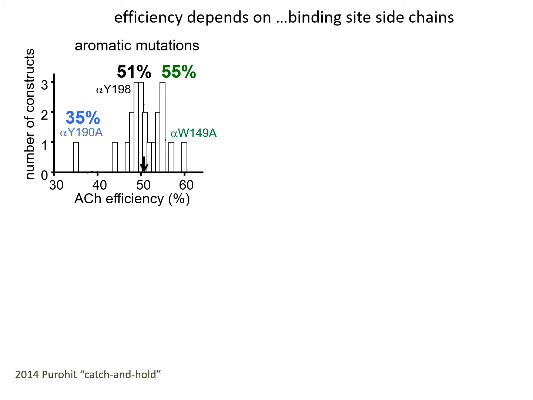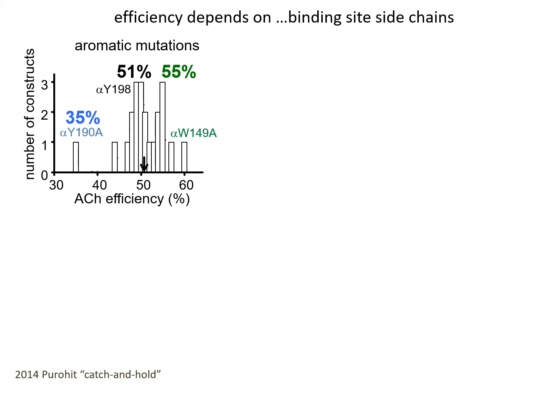So efficiency goes up when you don't have to move that big bulky tryptophan around. And one mutation, Y190A of that very important Y190 residue, lowered the efficiency to 35%. So that was the distribution of about 44 different mutations in terms of efficiency.